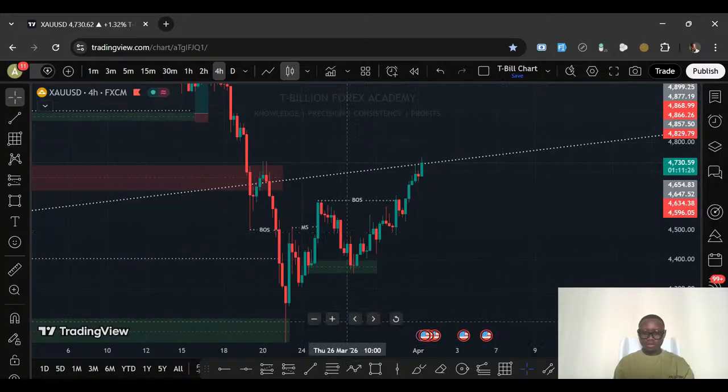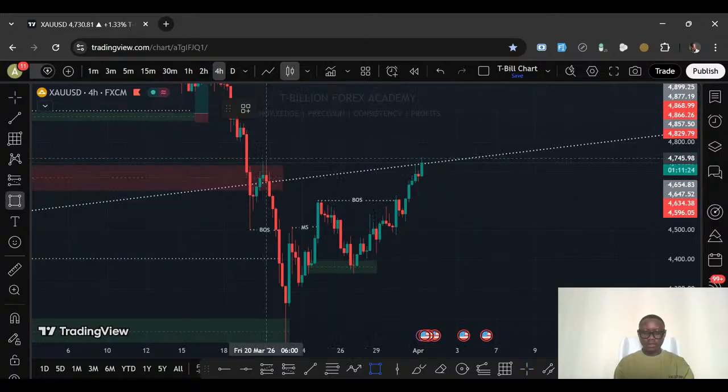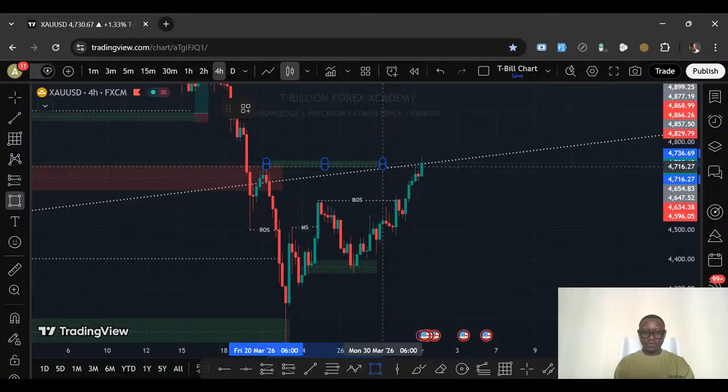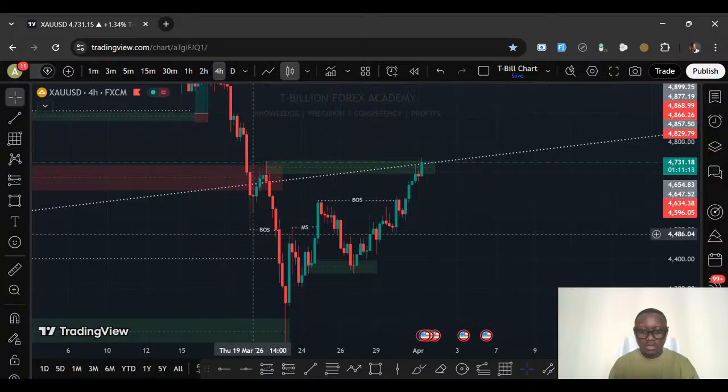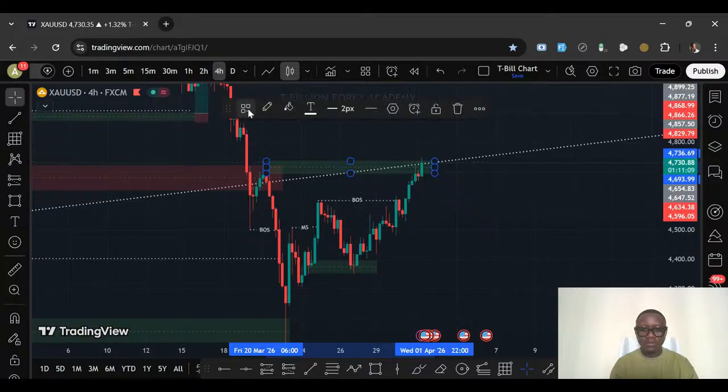Okay, we also got this 4H order block that led to this break of structure right here.